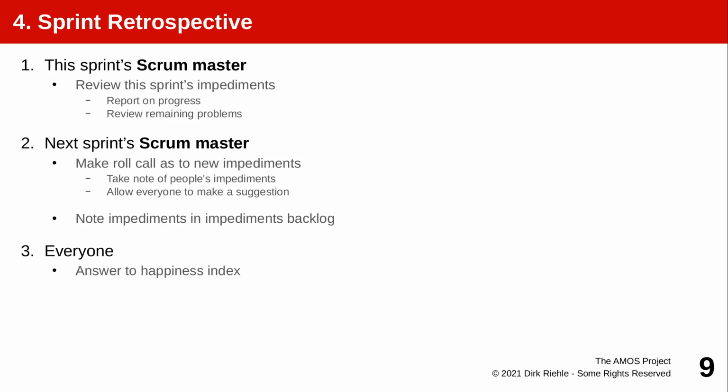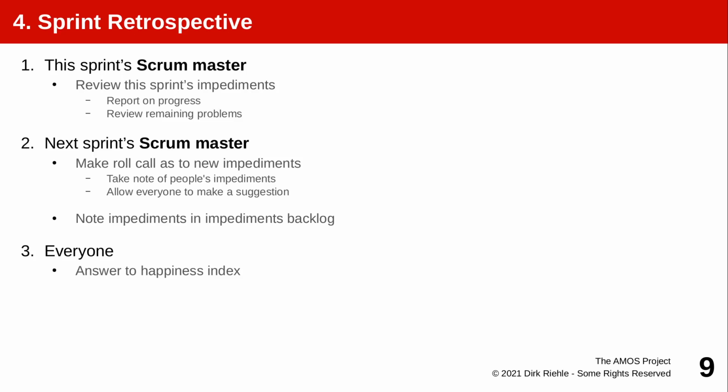The Scrum Master should usually reject technical problems as impediments, because that's for the developers to solve. They care about process improvement, what's holding the team back from functioning at top performance. So they will look at process issues, and they take note of that in the impediments backlog and the planning documents.